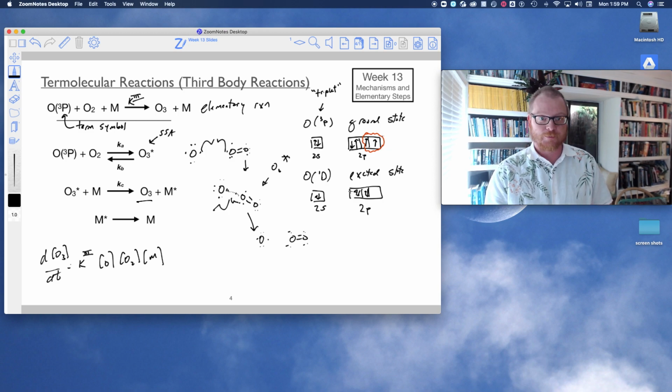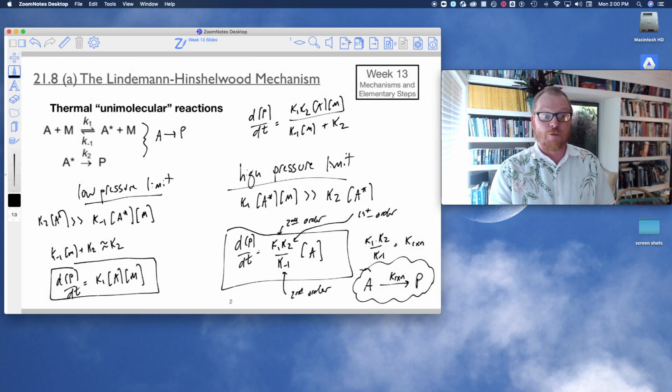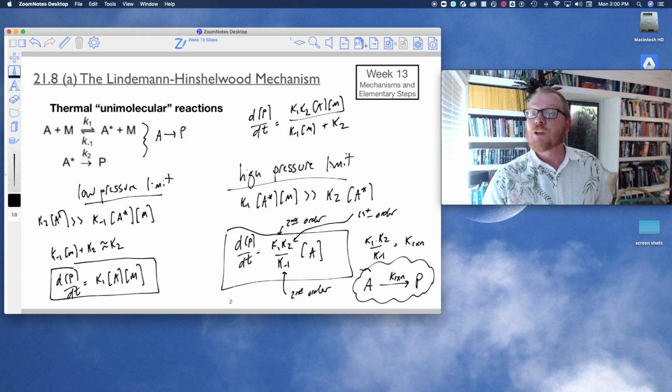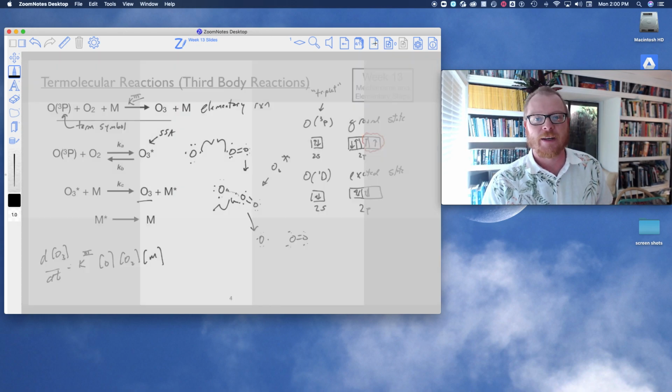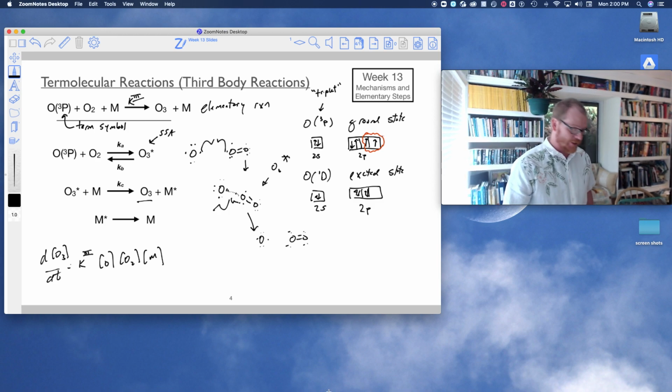Which is pretty cool. That was the opposite of the example in the bromine example, where the high pressure limit drives us back to more reactants. So these mechanisms are dynamic, right? High pressure limit and low pressure limit can mean different things for different chemistry, as you might expect.